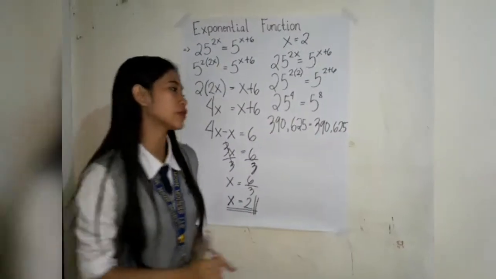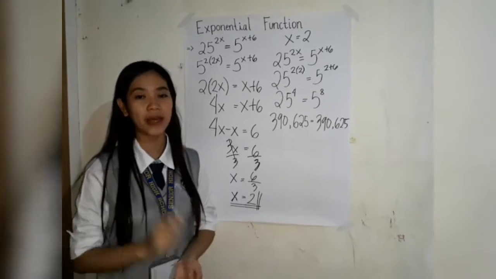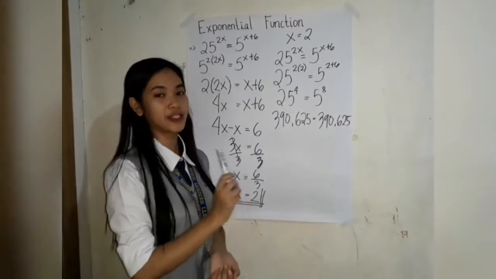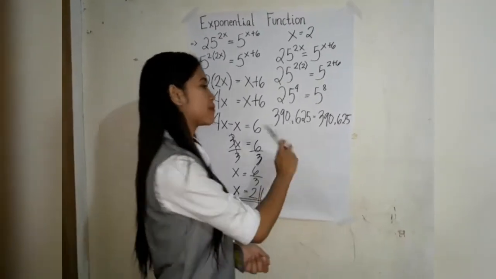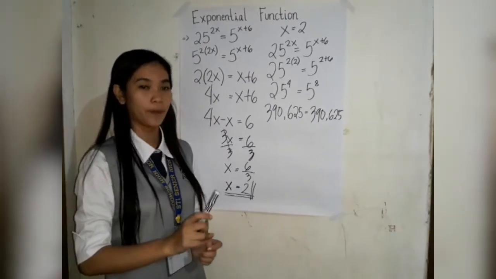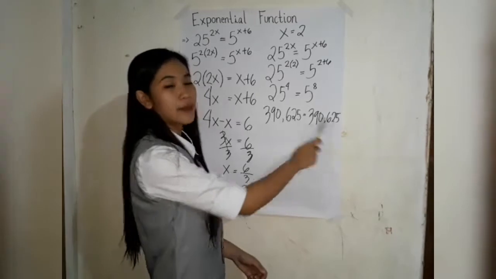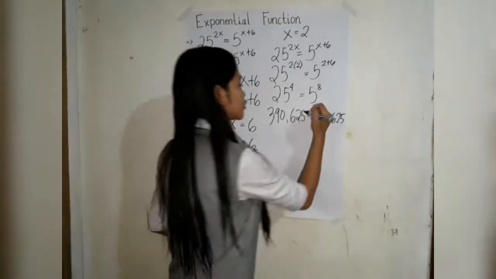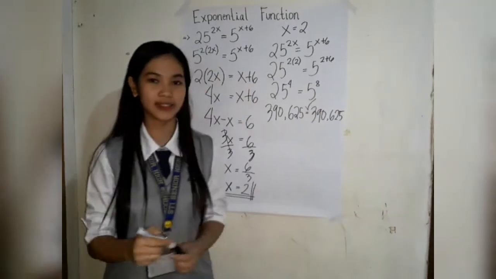If the result on both sides is the same, therefore the answer is correct. But if the results are not the same on both sides, it means the answer is wrong. But our result is the same, that's why our answer is correct.